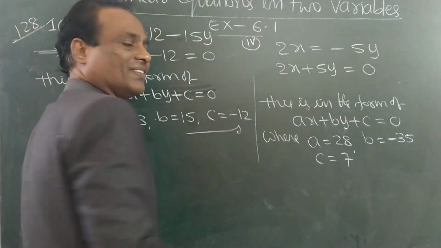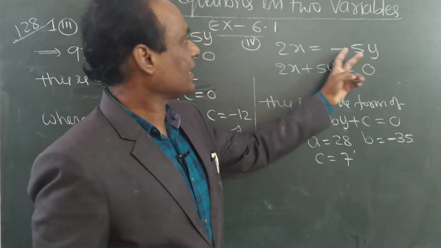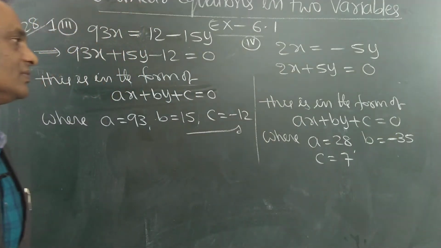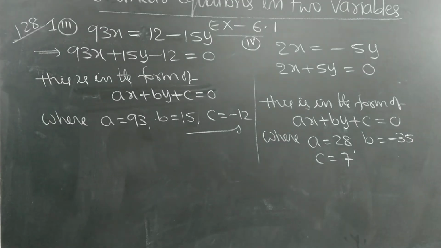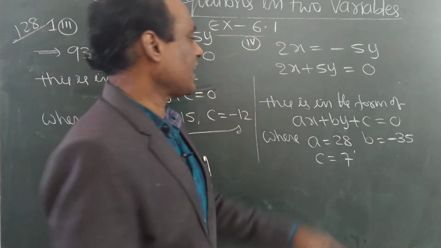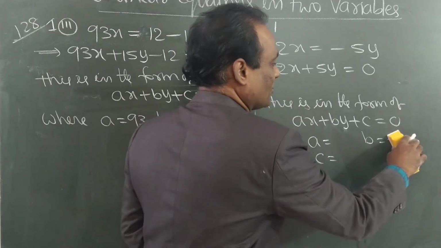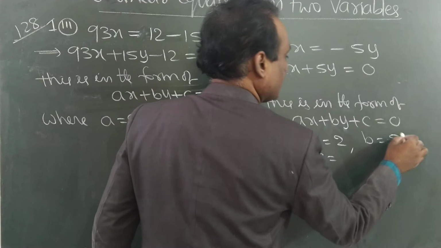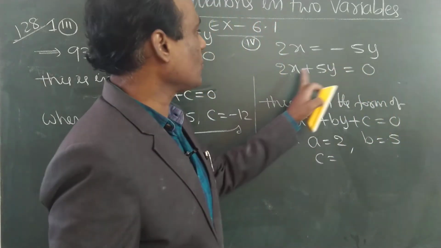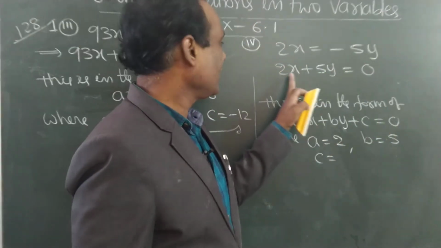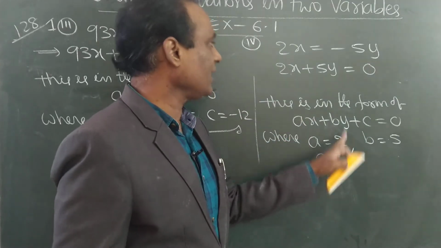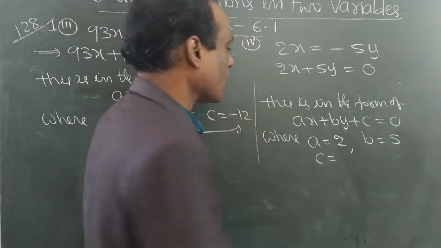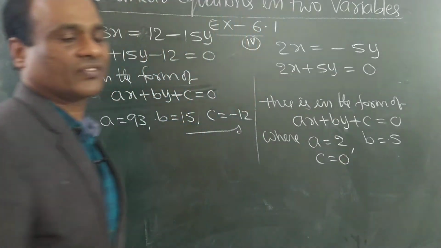First we write x, minus 5y this side plus 5y, right side it is 0. This is in the form of ax plus by plus c is equal to 0. A is 2, b is 5, c is, there is no constant term, only x coefficient and y coefficient we have. X coefficient is standardly denoted by a, y coefficient standard notation is b, c is the constant but there is no constant, which is 0. That's all.